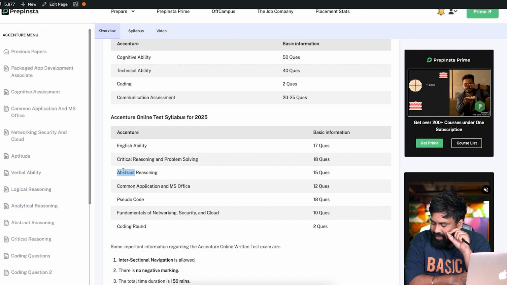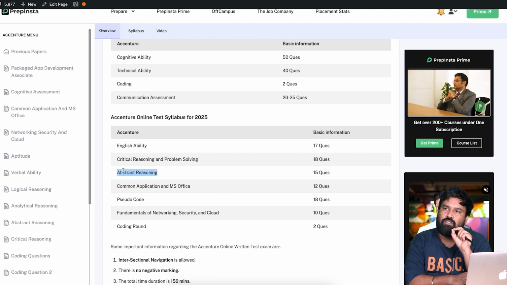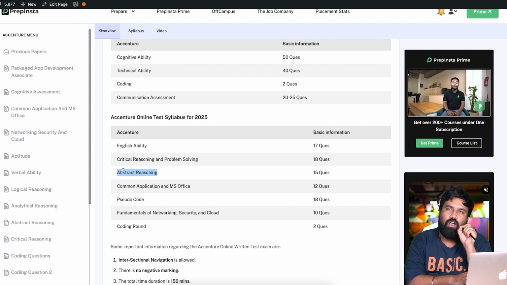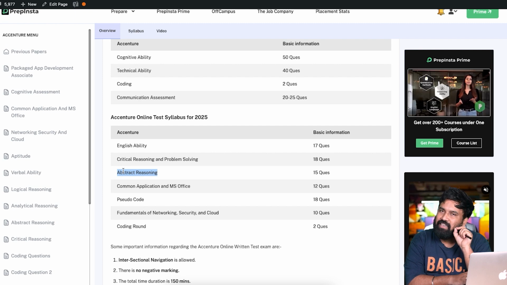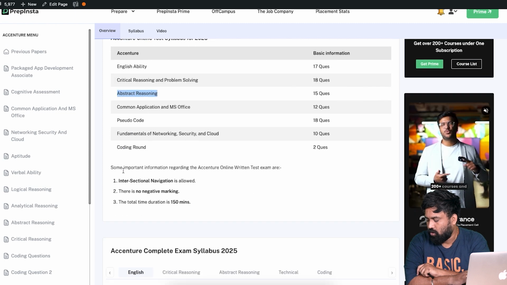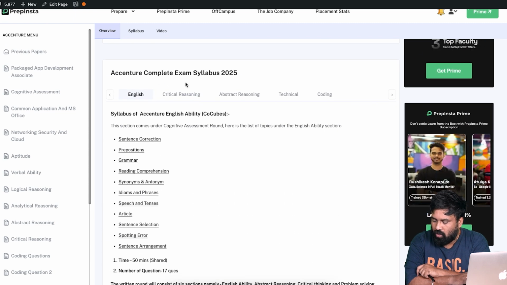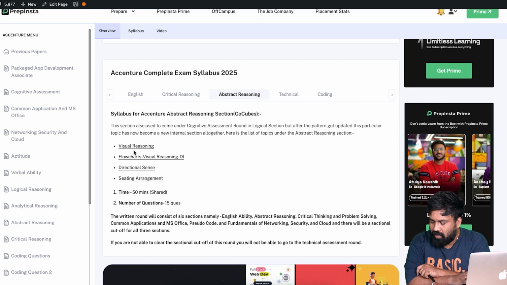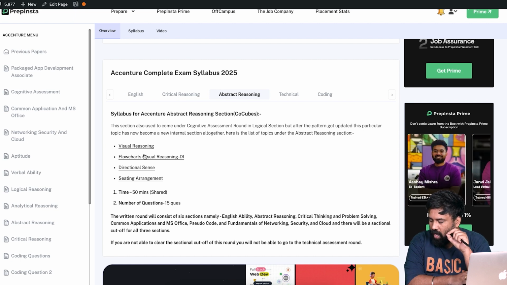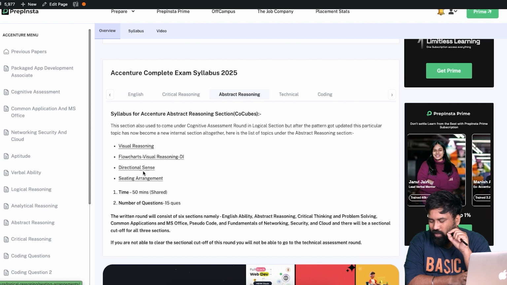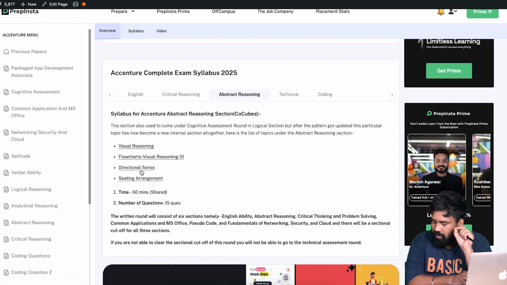Abstract reasoning, I'm directly telling you guys, this section consists of problems that are 90% diagram-oriented. If you go to our complete exam syllabus and look at abstract reasoning, you can see visual reasoning-oriented questions, flowchart visual reasoning, and DI, and a few 10% of the questions will depend on directions and seating arrangement.